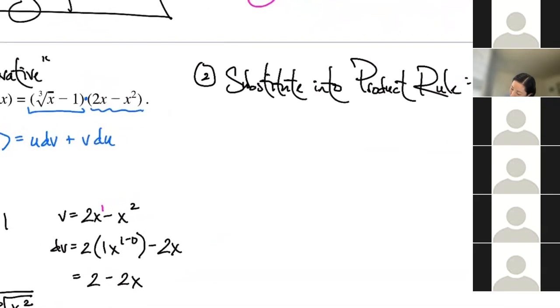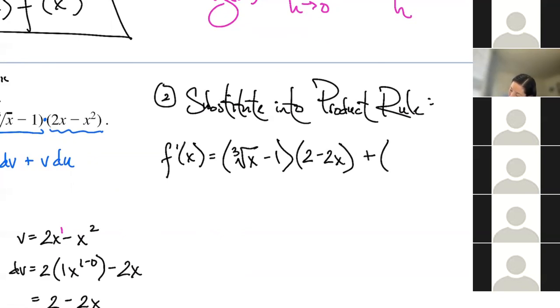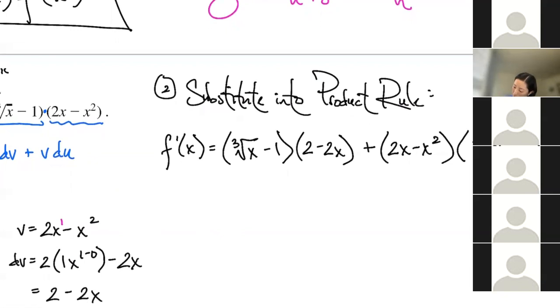Now we're going to substitute it in, and we're going to get f prime of x equals, let's see, our u was the cube root of x minus 1, dv is 2 minus 2x, plus v is 2x minus x squared times du, which was 1/3 the cube root of x squared. And so this is our u dv and v du.